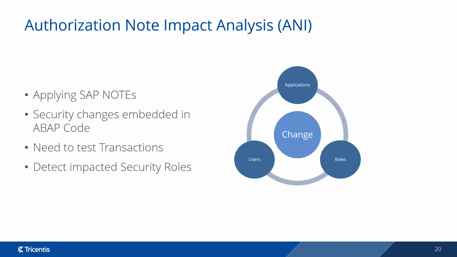For example, a customer recently approached us and said, when we applied this S-Note, this note from SAP, it contained a function module. And within that function module, there was an authority check object with some changes to some activities related to an authorization object.